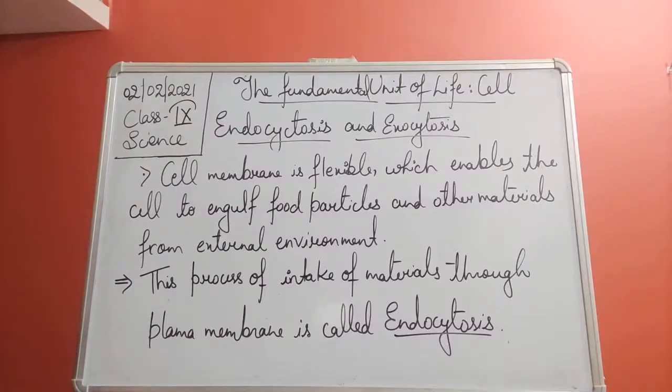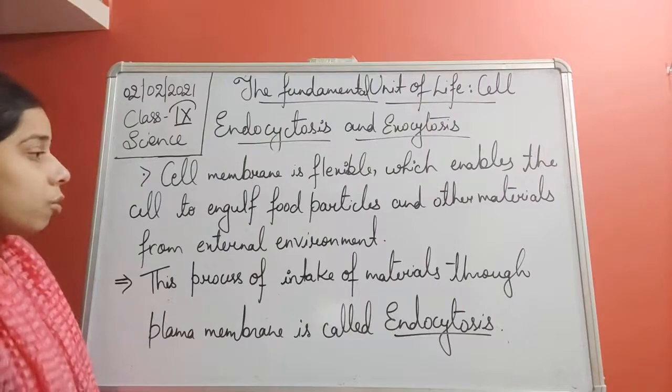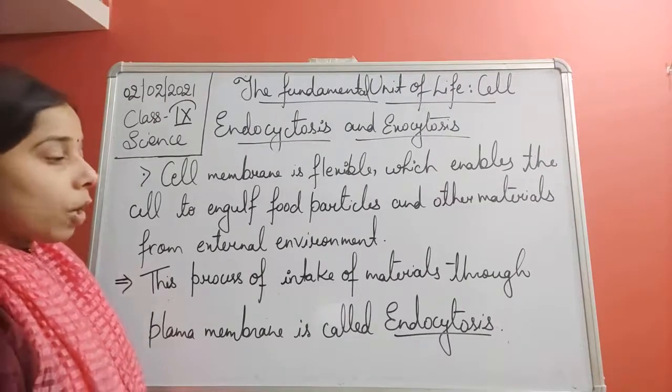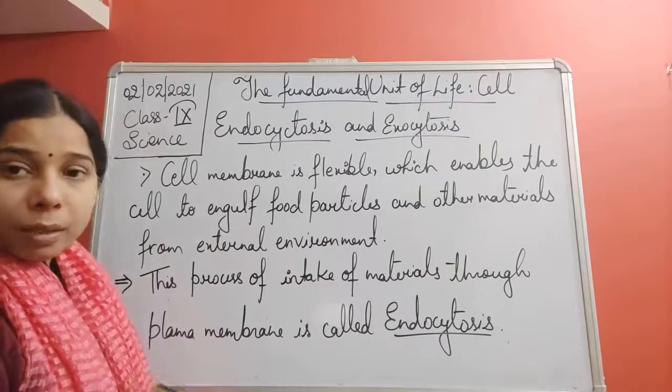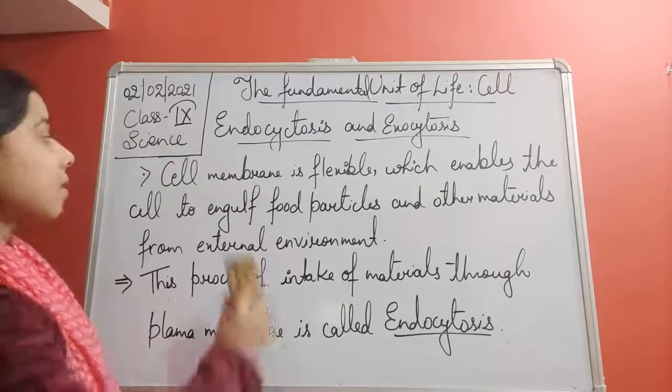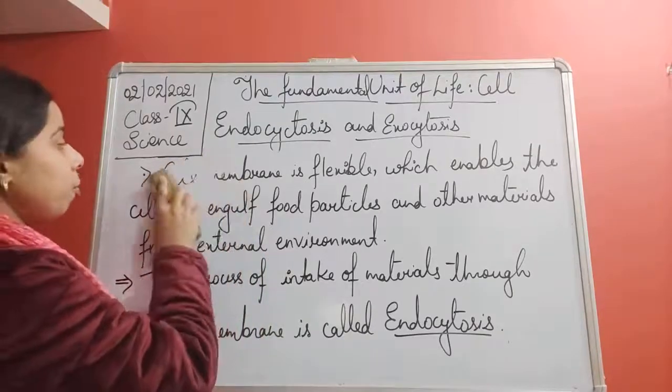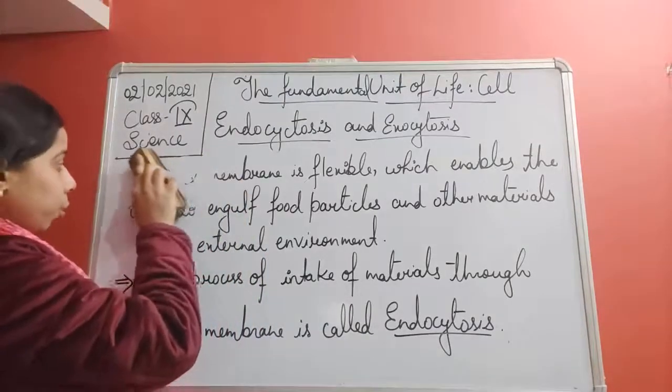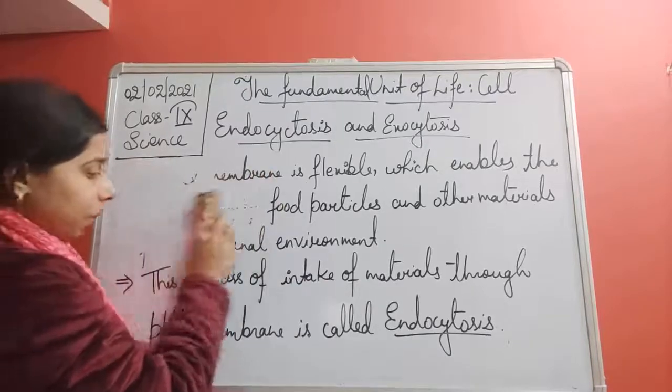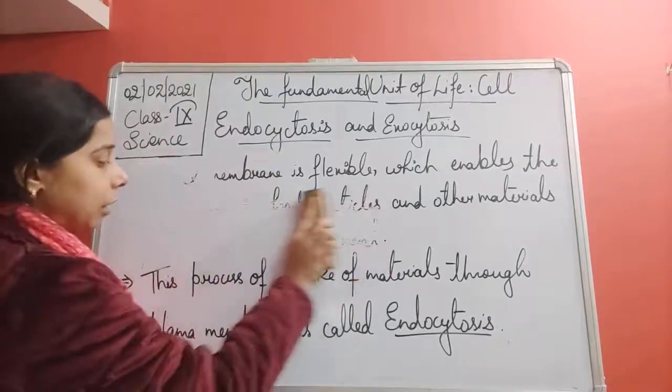Now you see, students, this endocytosis is also of two types. I hope you have understood the concept of endocytosis, that is, engulfing of food material into the cell with the help of the cell membrane from an external environment.